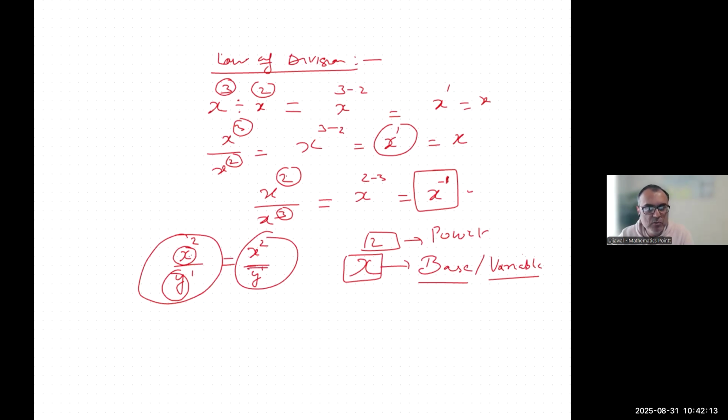Now, let's move on. If I say x squared y to the 5 over x y squared, what will be the answer?